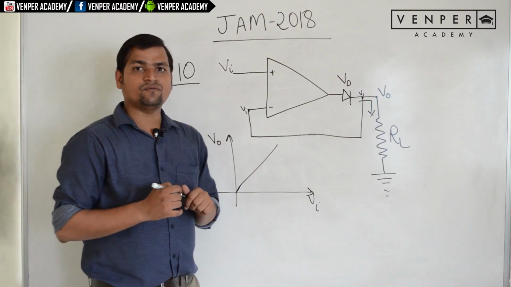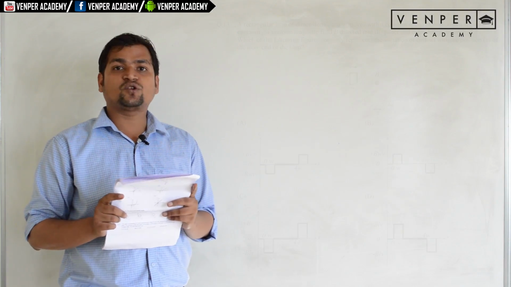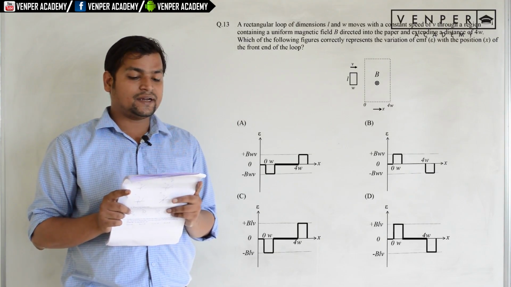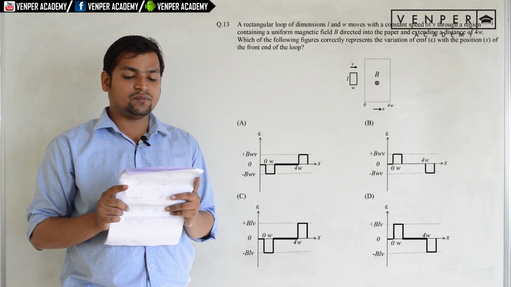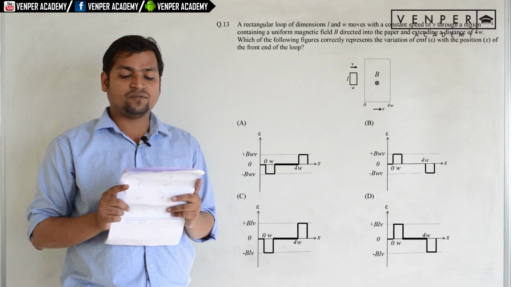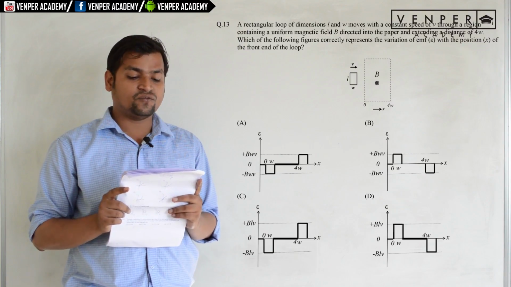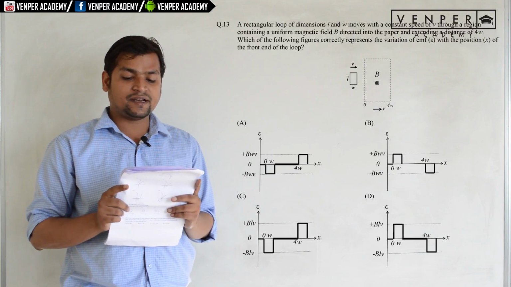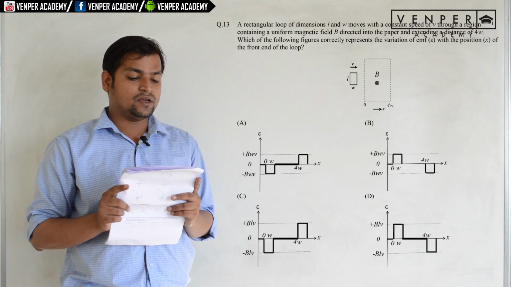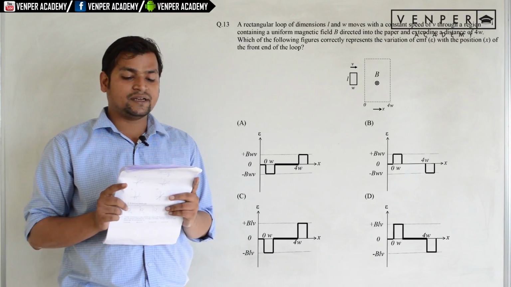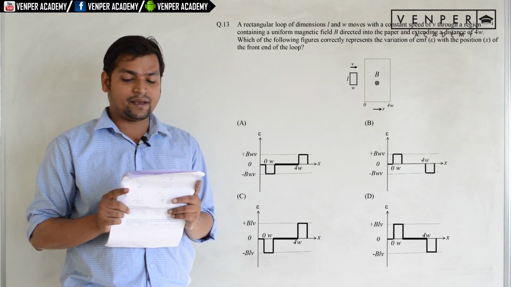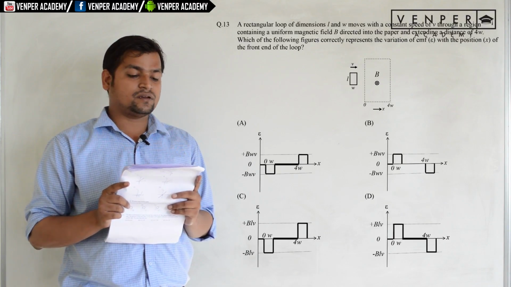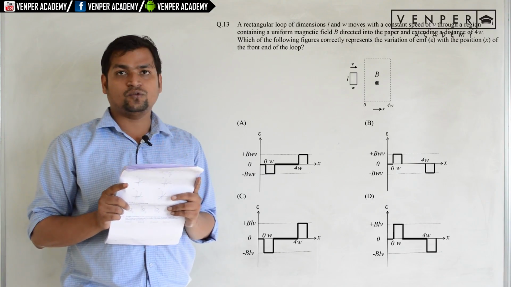Okay, now see question number 13. A rectangular loop of dimensions L and W moves with a constant speed V through a region containing a uniform magnetic field B directed into the paper and extending a distance of 4W. Which of the following figures correctly represents the variation of EMF with the position of the front end of the loop?